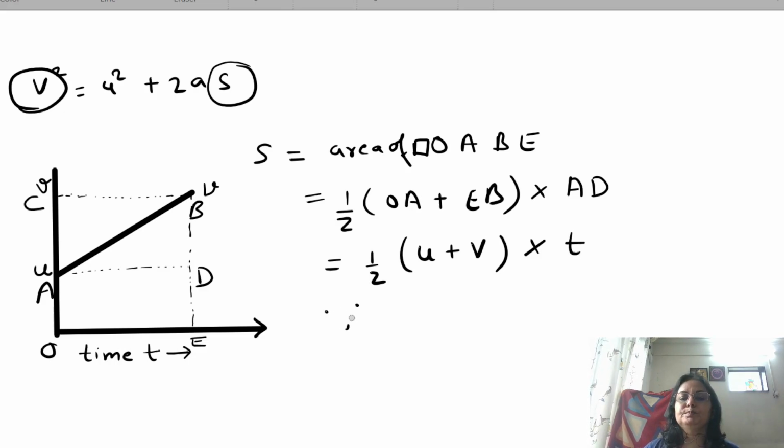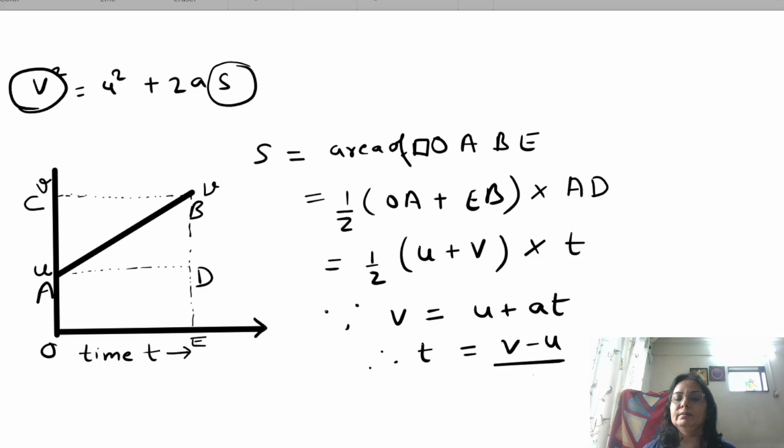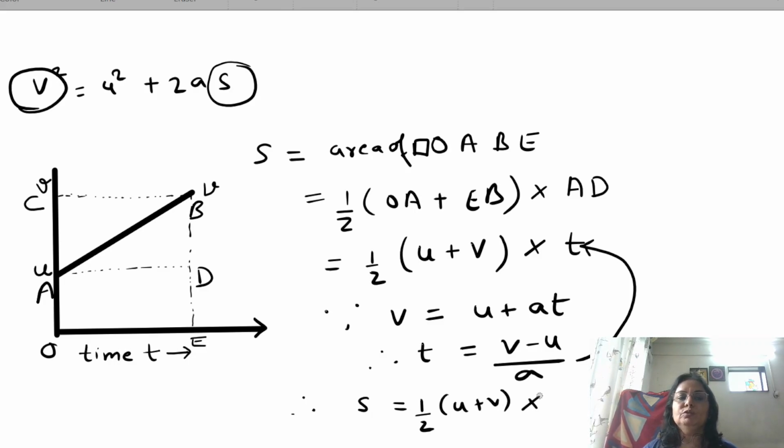Since we know V is equal to U plus AT, therefore T is equal to V minus U upon A. Keeping this value here, therefore S is equal to half U plus V, because we have to find out the relationship between velocity and displacement.